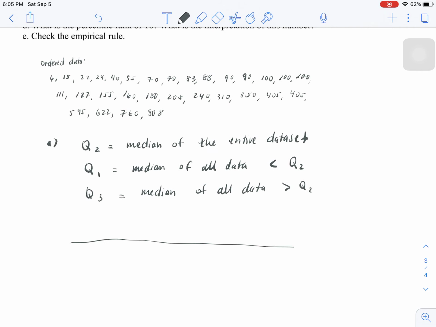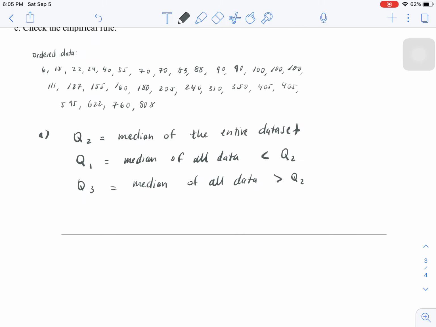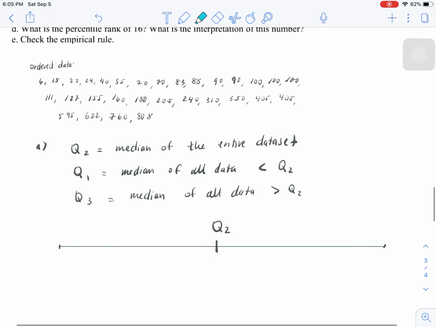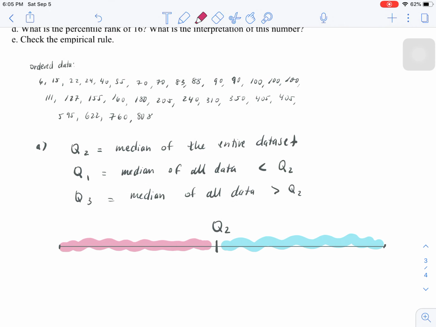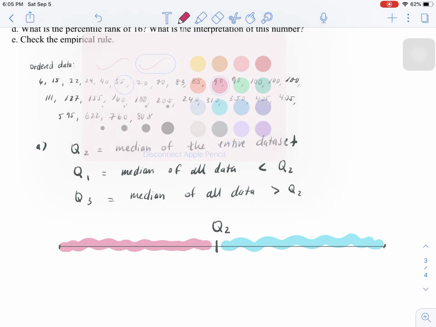It might help if I draw a picture. Let's say this is the first data point, our minimum, and this is our maximum data point. And let's say this is right in the middle. This is Q2. This is the median value. It splits our data set in half, so there's an equal number of data points above and below. Q1 is the median of this lower half of my data.